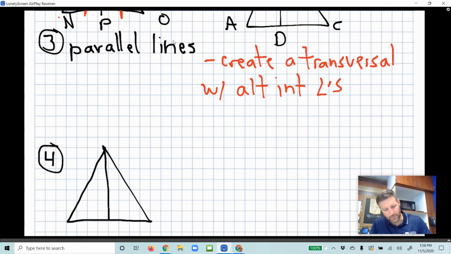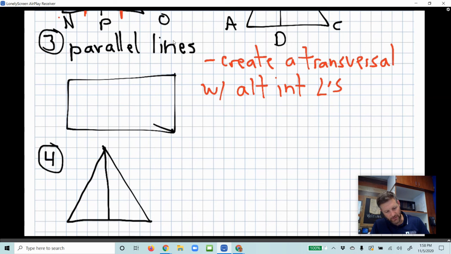So again, we've seen this example in class a couple times now, where they do something like this, and they've got the two triangles on top of each other, and they tell you this side is parallel to that side. Well, that has created a transversal. Here are the parallel lines, here's the transversal, and you've got the two alternate interior angles here and here.